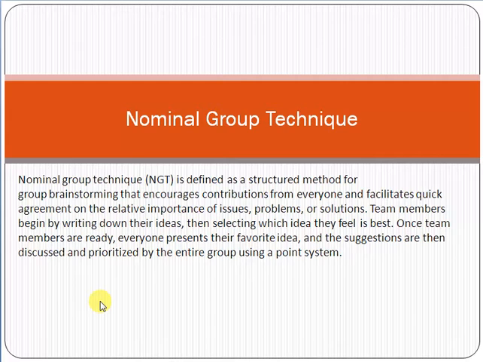Let me give you another example here. For example, you have noticed that whenever you deploy the build to production, there are some issues, some problems on production. So what you can do is make a nominal group technique here. How can you do that?